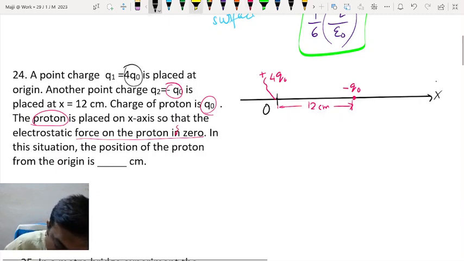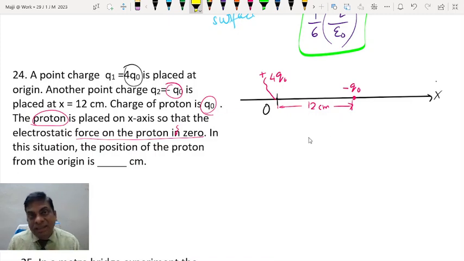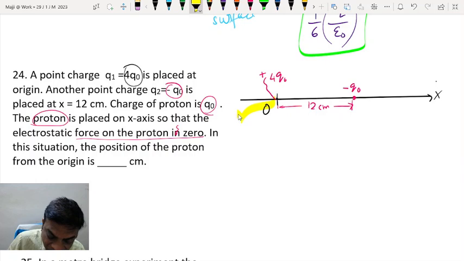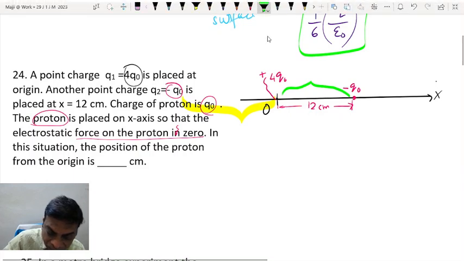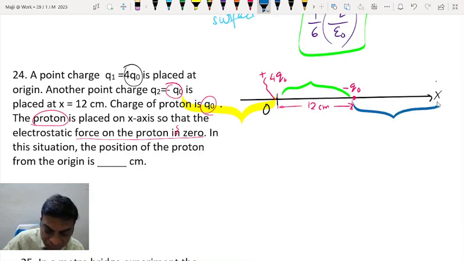So students, now you see that this entire x-axis has been divided into 3 zones. One is to the left of 4Q naught, the other is between 4Q naught and minus Q naught, and the third one is to the right of minus Q naught.